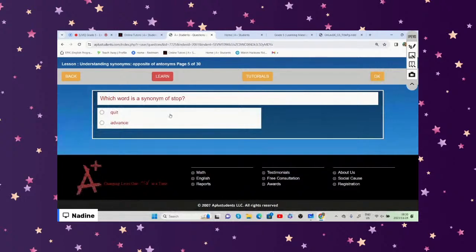We need to find the word that is similar or the synonym of stop. Is it to quit or to advance?